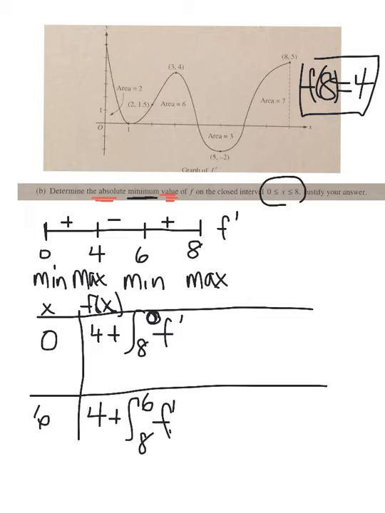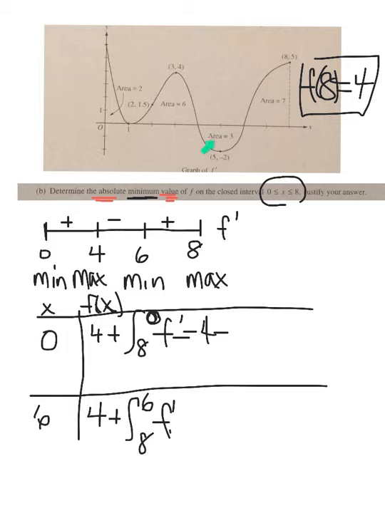All right, so up here, I'm going to have 4 minus, and then essentially I'm looking for the integral from 0 to 8 of f prime. Well, this is f prime, and I want the area under the curve from 0 all the way out to 8. So I'm going to add 2 and 6.